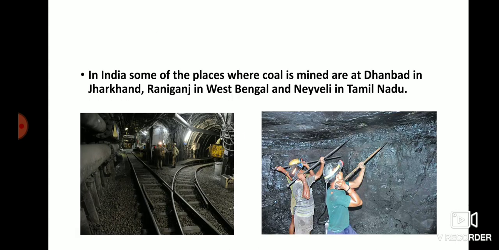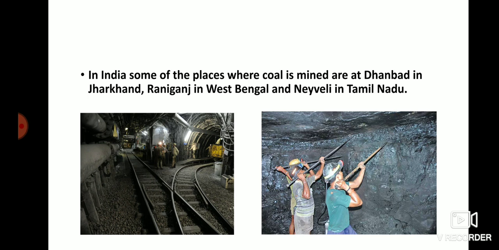In India, some places where coal is mined are Dhanbad in Jharkhand, Raniganj in West Bengal, Neyveli in Tamil Nadu. You can see here the picture of coal mines where the workers are digging and cutting the walls of coal.